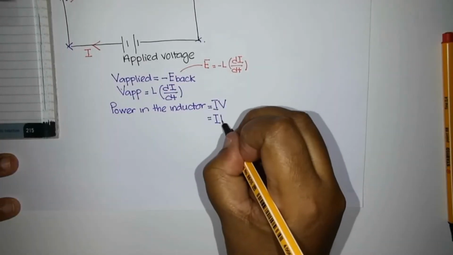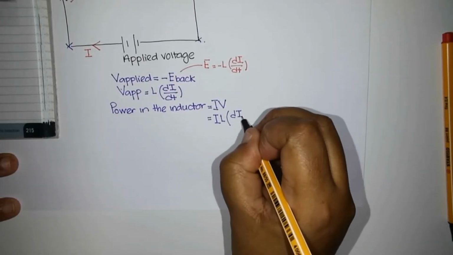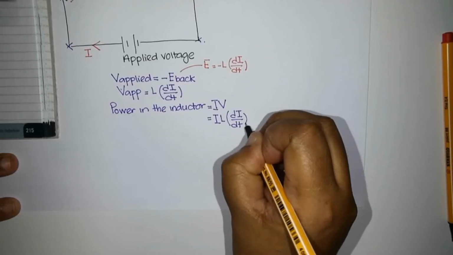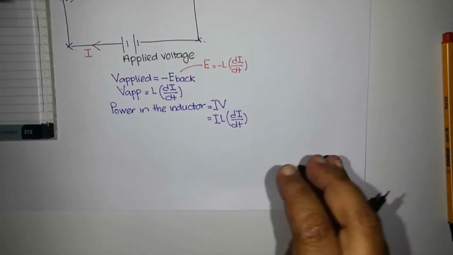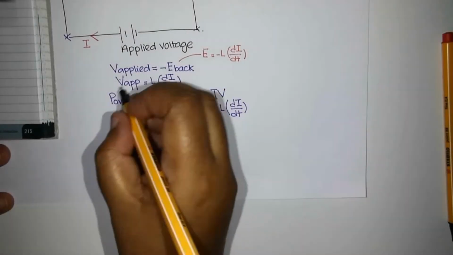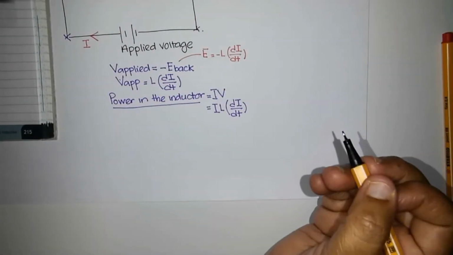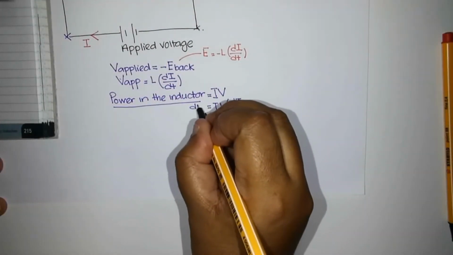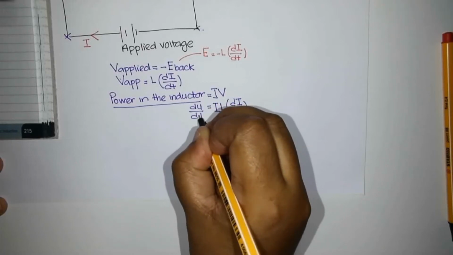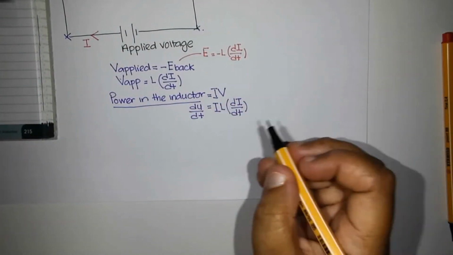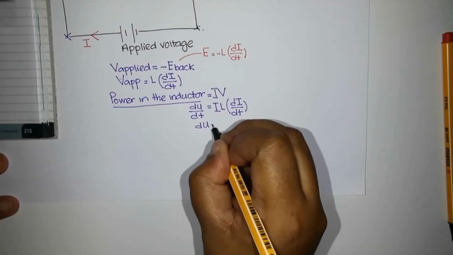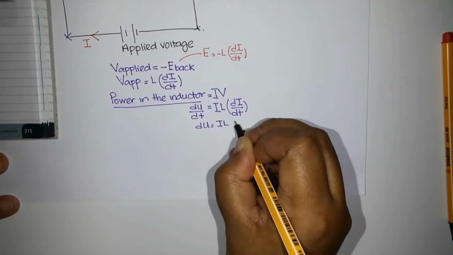V is L di over dt, so power is I L di over dt. We know power is energy over time, so this becomes dU over dt. Then dU is equal to I L di.